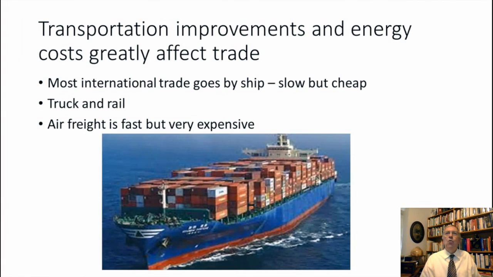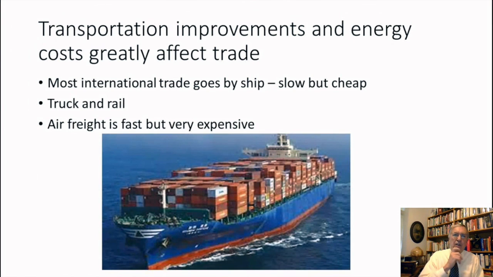It's slow but cheap. Water shipping is like 1/10 the cost of land shipping because the water is supporting all the weight. You just have to keep the thing moving. But it takes longer. Sometimes it's your only choice. You can't go from China to California by land, so it's really your only choice.